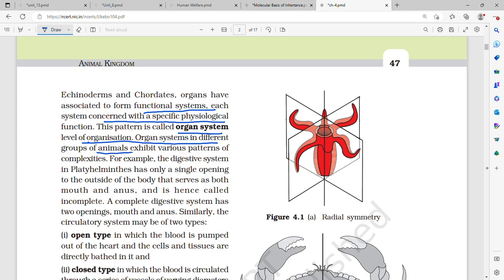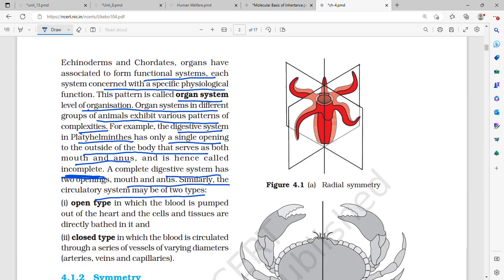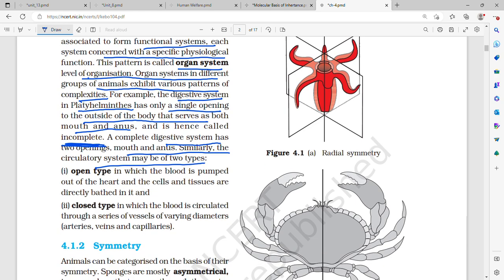Organ systems in different groups of animals exhibit various patterns of complexity. The digestive system in Platyhelminthes has only a single opening to the outside of the body that serves as both mouth and anus, so therefore an incomplete digestive system is present in Platyhelminthes. Complete digestive system has two openings, mouth and anus. Till Platyhelminthes there is incomplete digestive system.